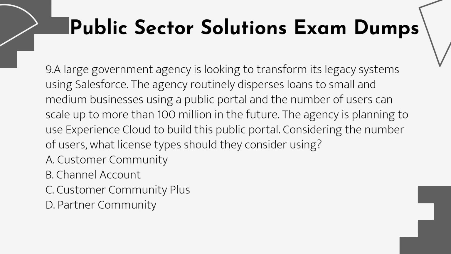9. A large government agency is looking to transform its legacy systems using Salesforce. The agency routinely disperses loans to small and medium businesses using a public portal, and the number of users can scale up to more than 100 million in the future. The agency is planning to use Experience Cloud to build this public portal.